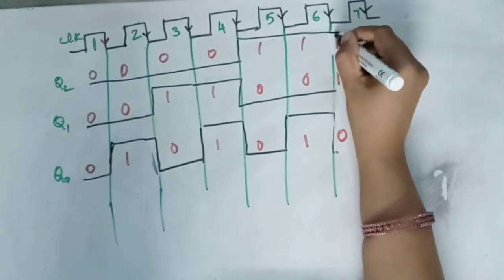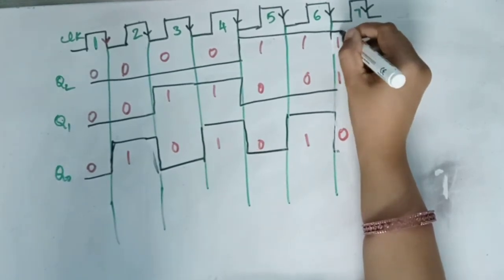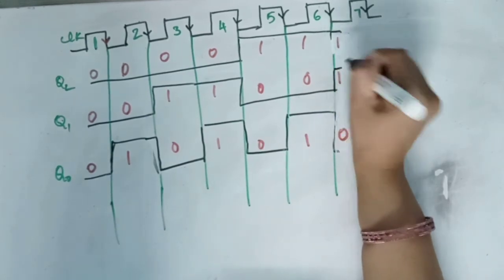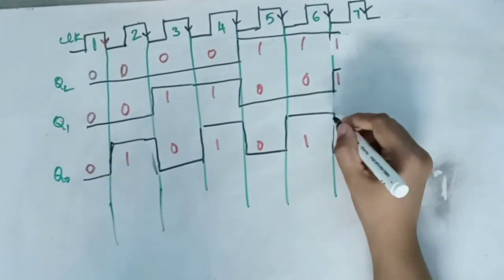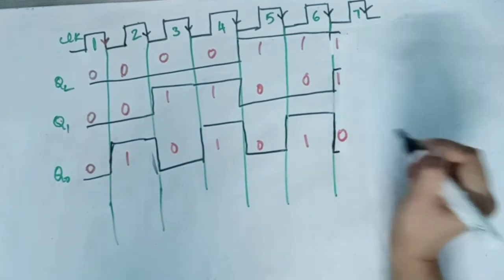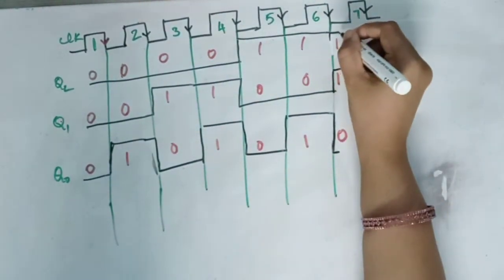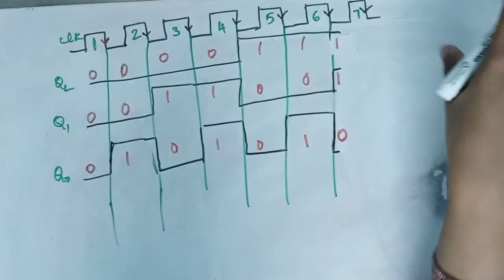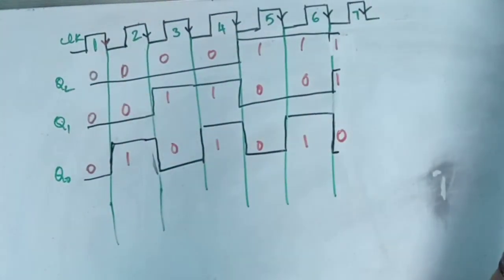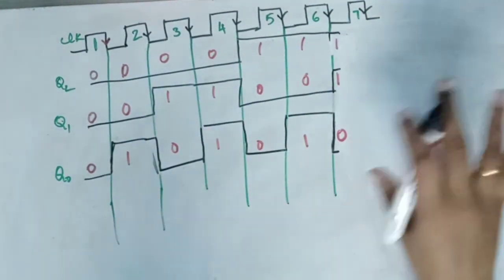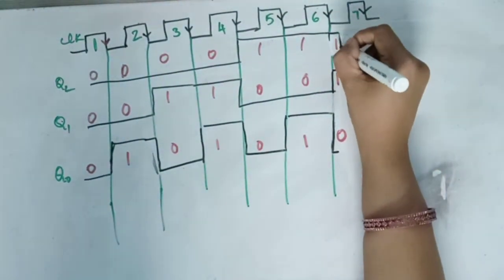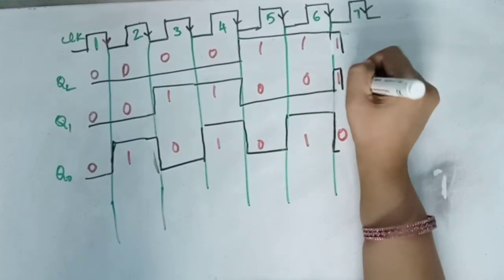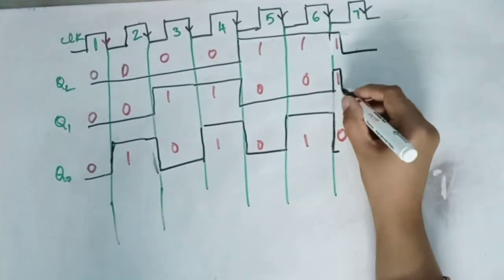Just as the 6 comes in, for just a few nanoseconds it will come, and then the NAND gate output will become 0 and clear will become active and all the flip-flops will be cleared. So just for a very short duration this will become high. After that it is 0.